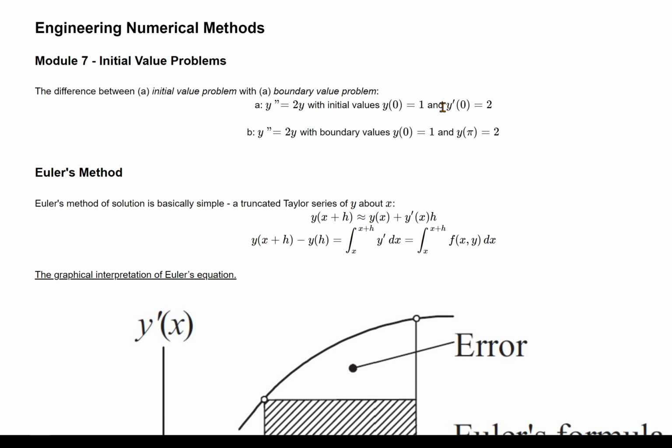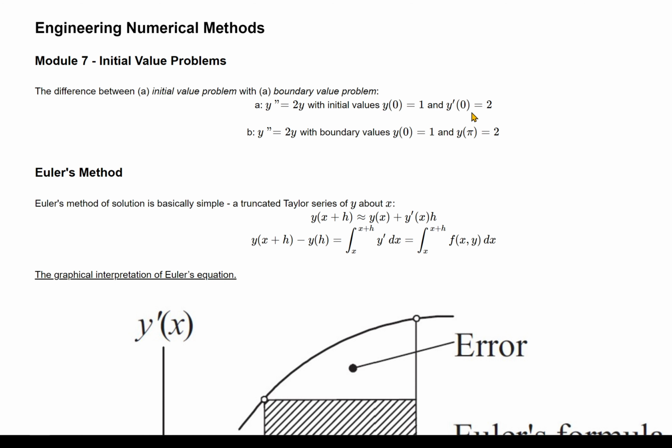Initial values from the preceding system, meaning you have the zeroth degree and then the first degree, because your system is a second degree system.